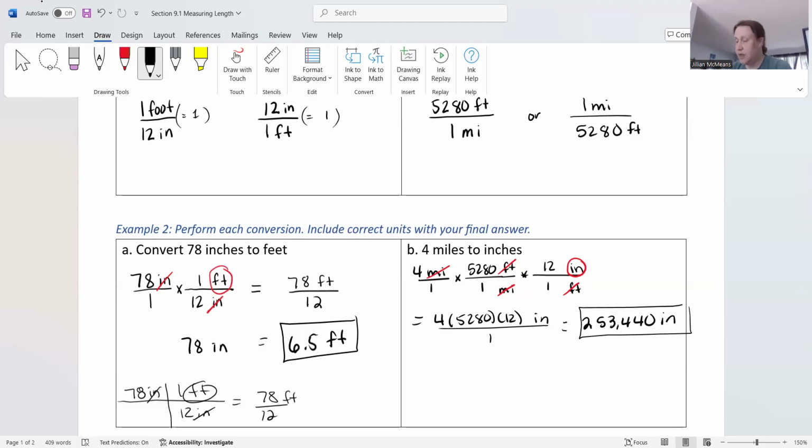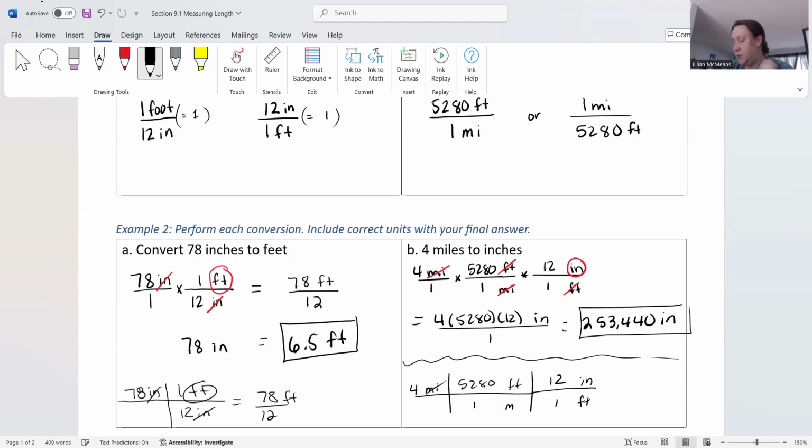Now, if you were in a science class, I'm not always going to do this. I'm going to show you this one, and then I'm not going to show it to you like this again. But what you would see in a science class, or maybe one of the math tutors, they may show you this. They'd be like, okay, we have 4 miles. We need to convert miles to feet, and then we need to convert feet to inches.